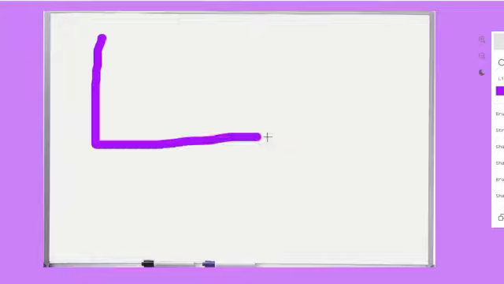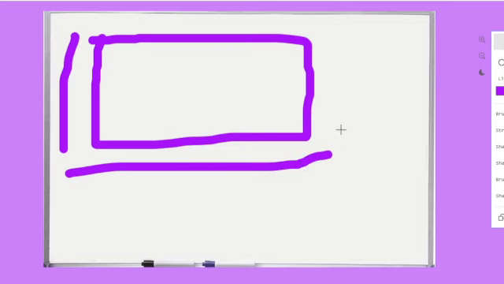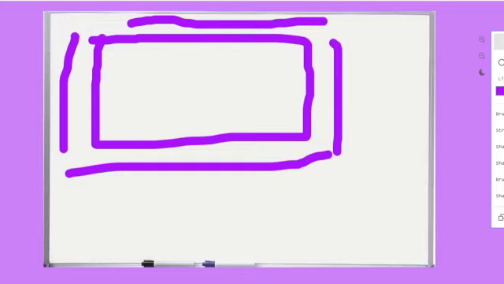Okay, we got a geometry question. First, we're going to draw a rectangle. This is a nice looking rectangle, okay? The perimeter is 36.